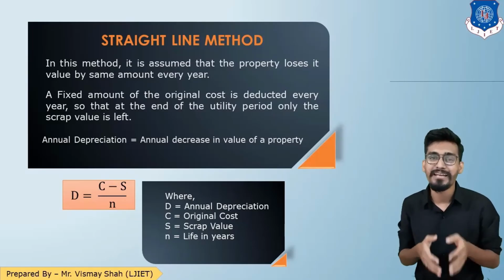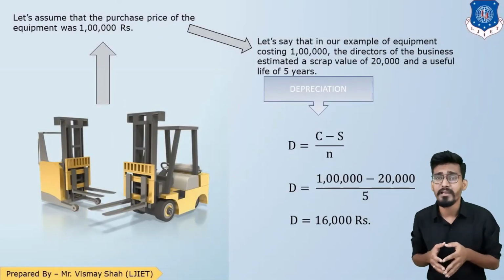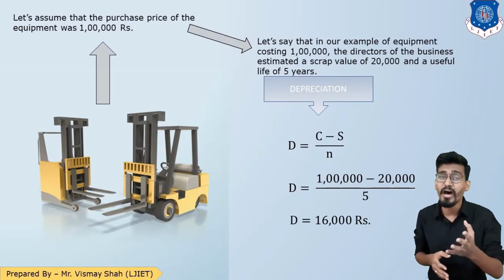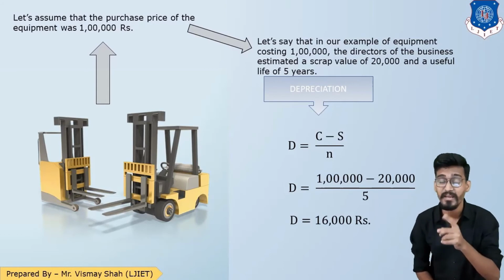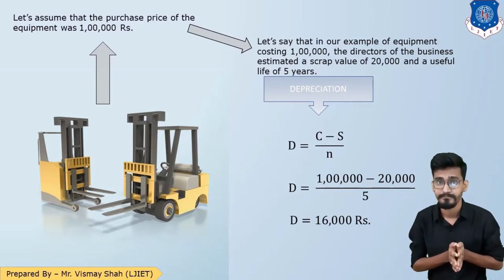Now, let us look at an example. Let us assume that the purchase price of an equipment shown in the figure, the figure of a forklift, is about 1 lakh rupees.